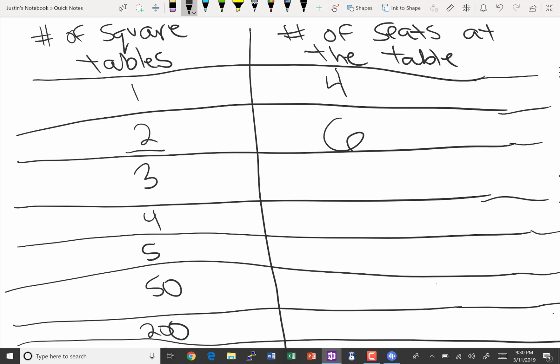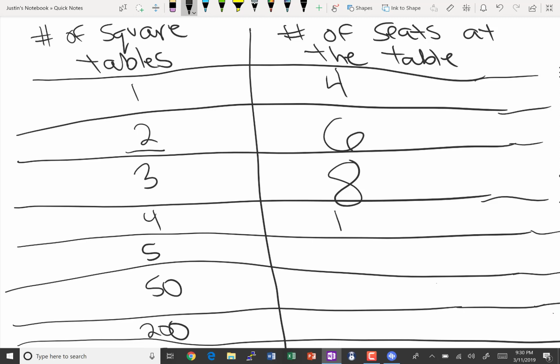Look at the next one. It has 3 tables pushed together. So you could fit 3 at the top, 3 at the bottom, and then 1 on each side, which would be a total of 8 seats at the table. The next one shows 4 tables pushed together. So that would be 4 seats at the top, 4 seats at the bottom, and 1 seat on each side.